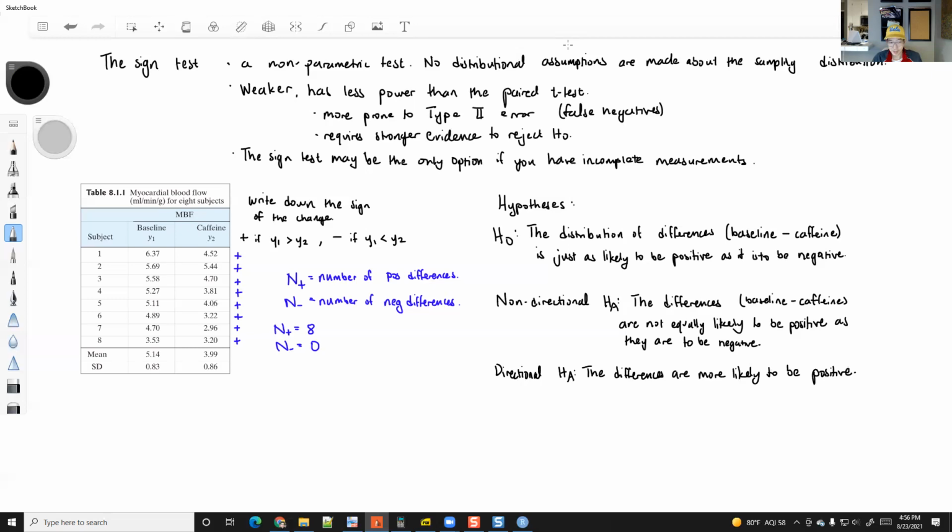Basically saying that the baseline numbers tend to be larger than the caffeine numbers. Okay, or you can have the other directional, right? The differences are more likely to be negative. So these are kind of your options for hypotheses.